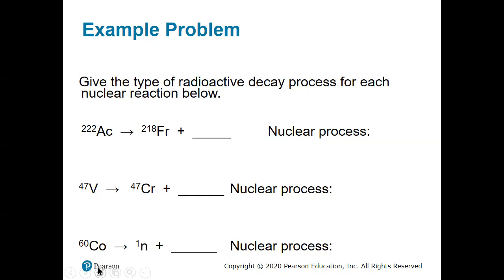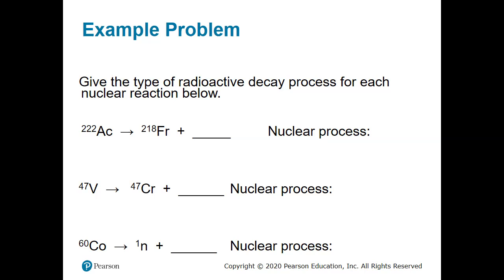The real key is if you do not have all the information, so oftentimes we will give you information without the atomic number, we're going to want to fill in that information. How we fill it in is since we have the element symbol, we just find that element on the periodic table and fill in its atomic number.